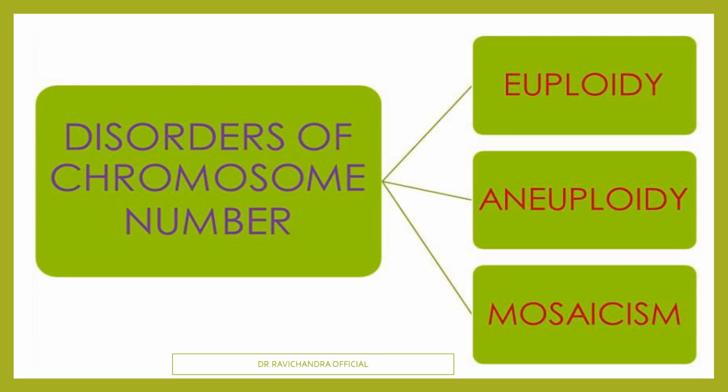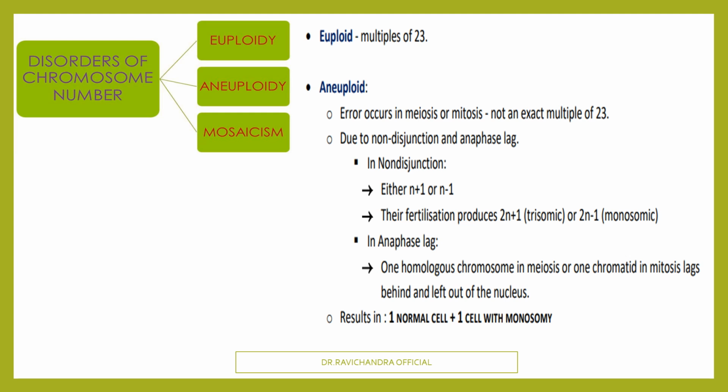Now coming to chromosomal disorders of chromosomal number. They can be euploidy, aneuploidy, or mosaicism. Euploidy means there will be multiples of 23. Aneuploid errors occur in meiosis or mitosis, so there will not be exact multiples of 23. There may be aneuploidy due to non-disjunction and anaphase lag.